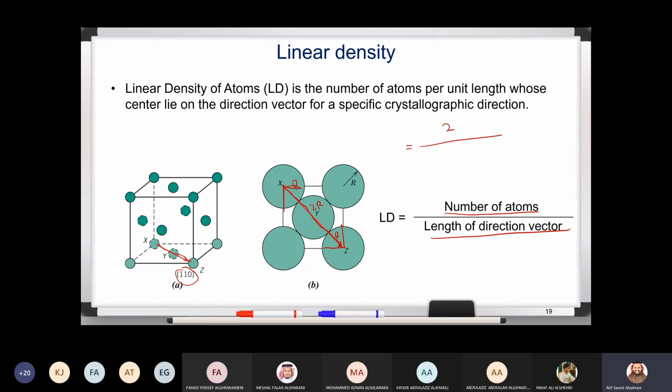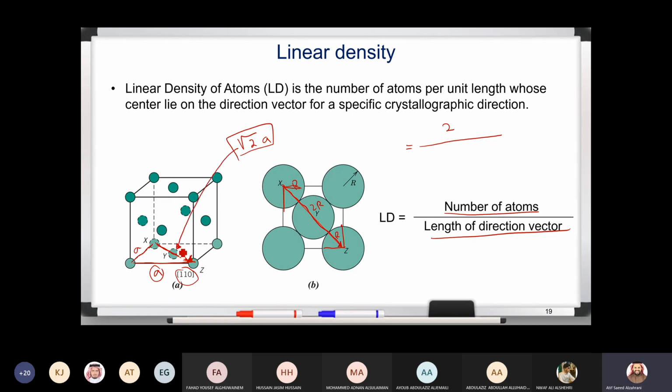Do you remember how we derived this direction? This is A, and this is A. So what will be the value of this direction? Root 2, root 2A.